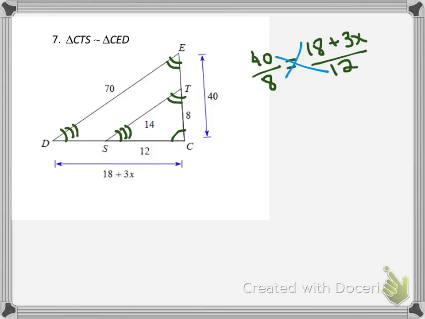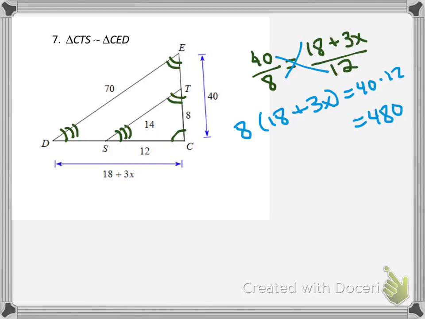Okay, I'm going to cross multiply. So 8 times 18 plus 3x is equal to 40 times 12. Well, here, this is just 480. Over here, I'm going to have to distribute. 8 times 18 gives me 144, and 8 times 3x gives me 24x. I'm going to get rid of the 144 by subtraction.